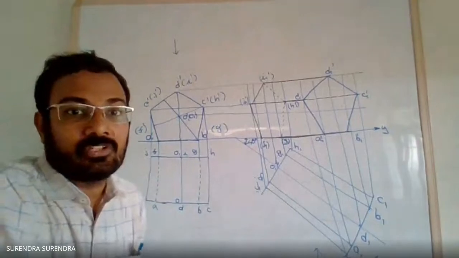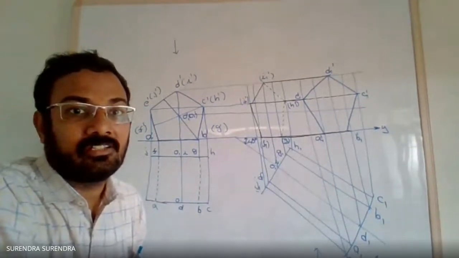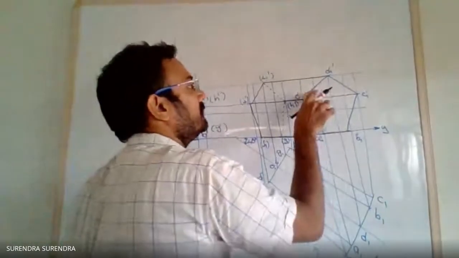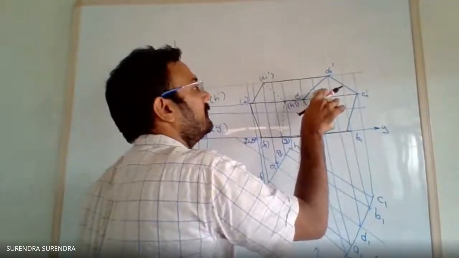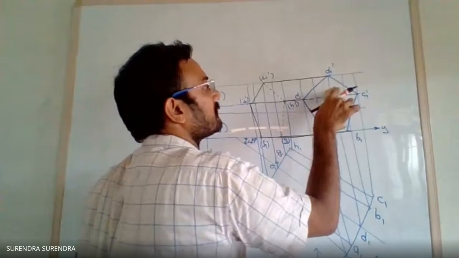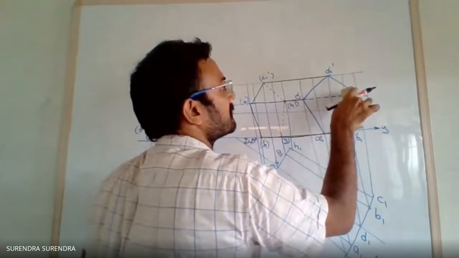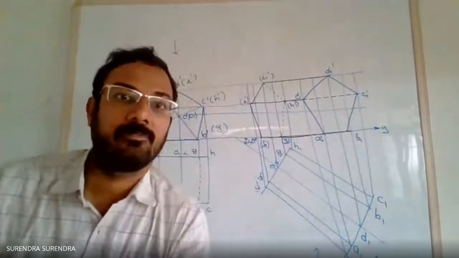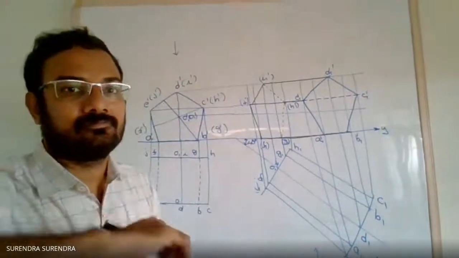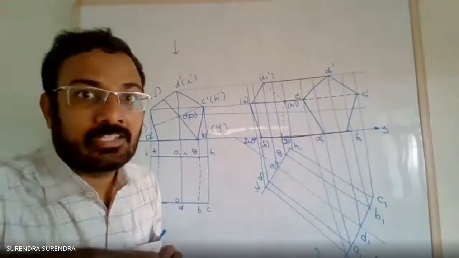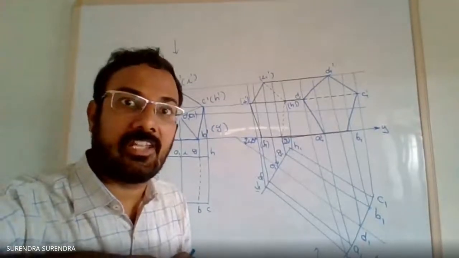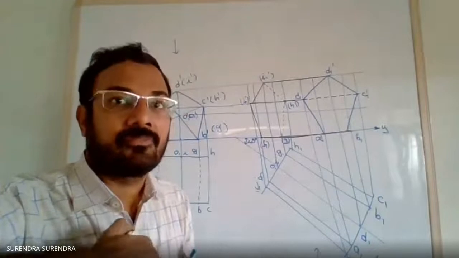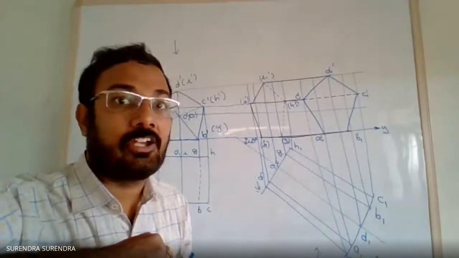So this is what the final view looks like. Join the edges which are hiding with dashed lines and the visible edges as continuous lines.